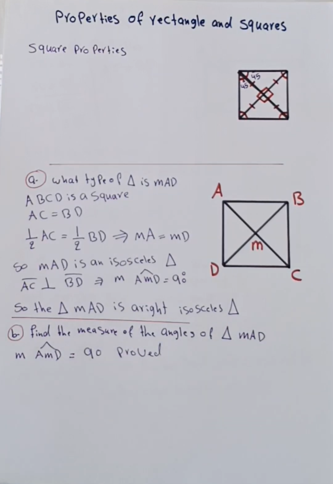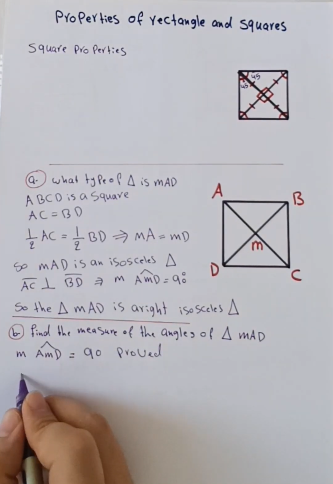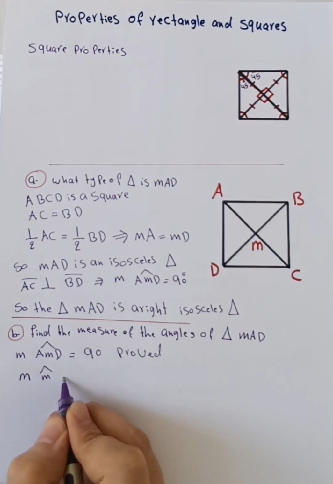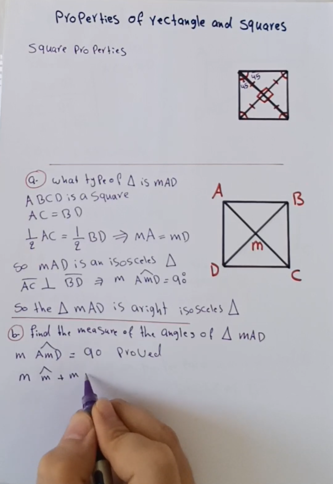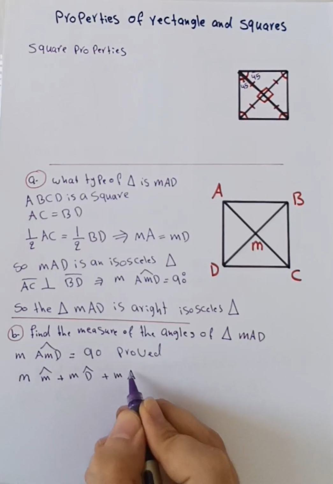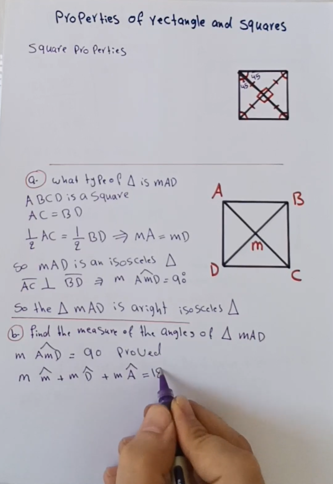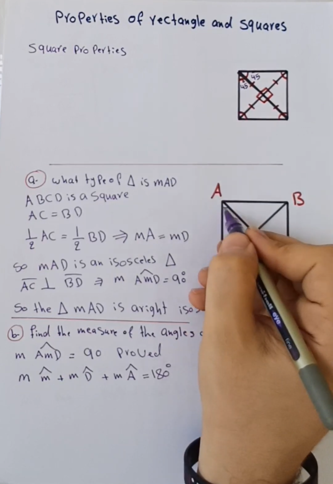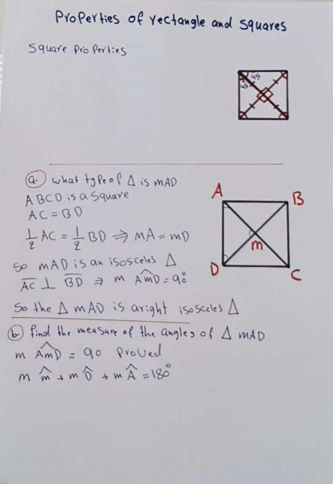Then the measure of M plus the measure of D plus the measure of A equals 180, because the sum of the measures of the interior angles in a triangle equals 180.